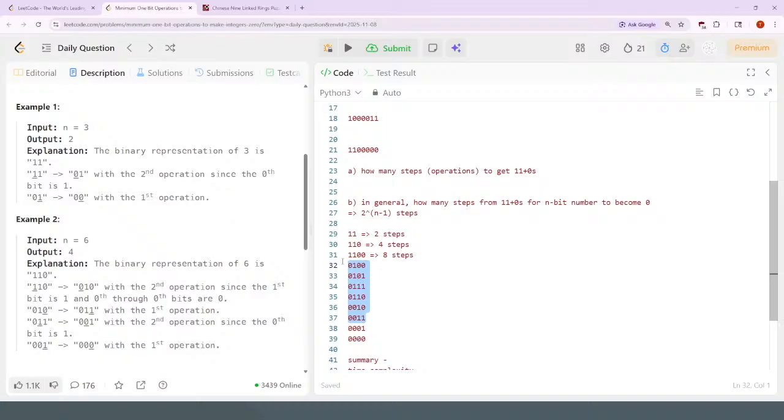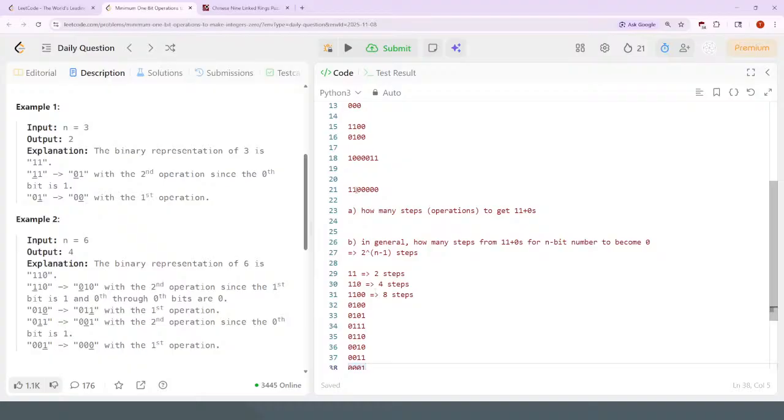Must be the reverse. So the reverse. So I need to get this. So really it's like getting from 1, 1 to... So I can ignore the starting bit, really.